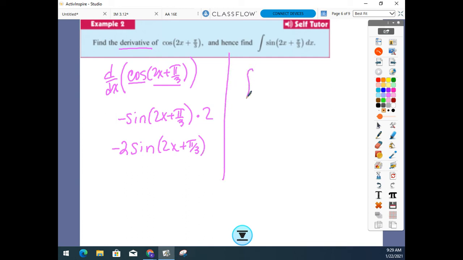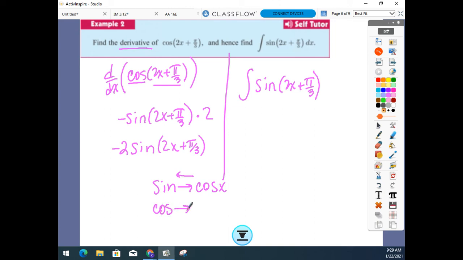The integral. So it's kind of funny. So the derivative of sine is positive cosine. So the antiderivative of positive cosine is positive sine. So when you go backwards, the derivative of sine is positive cosine, the antiderivative of cosine is positive sine.